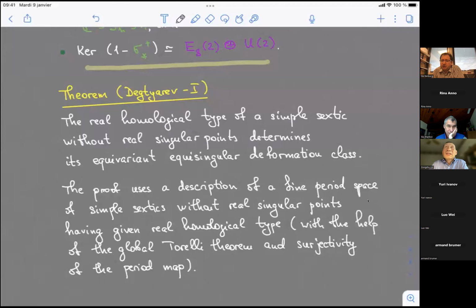It's a root lattice. For example, E8, assume that it's the E8 root lattice, but you have the bilinear form multiplied by 2.